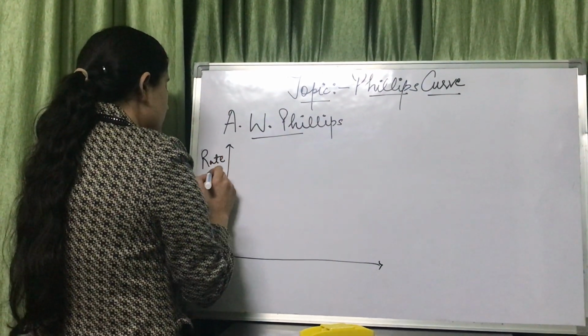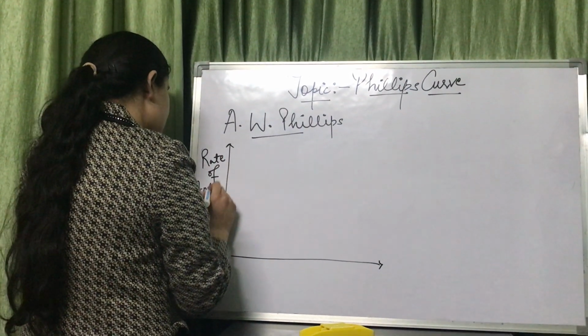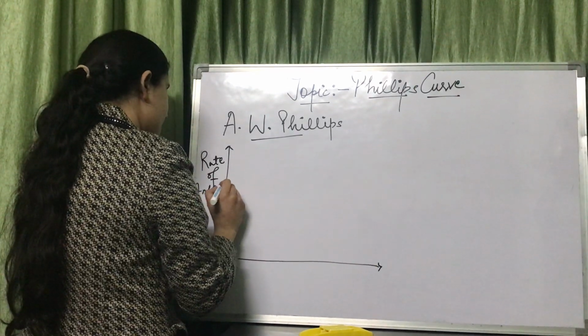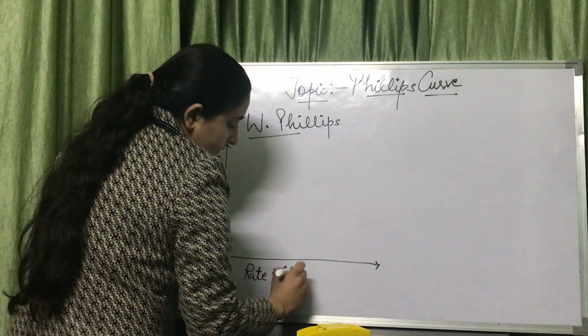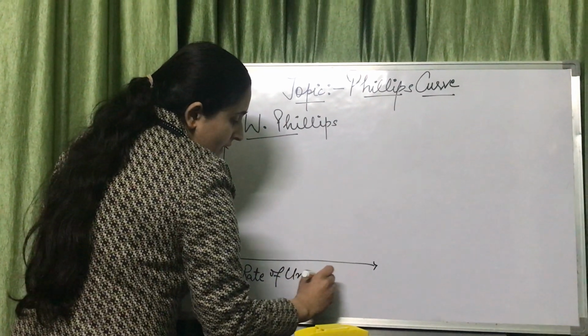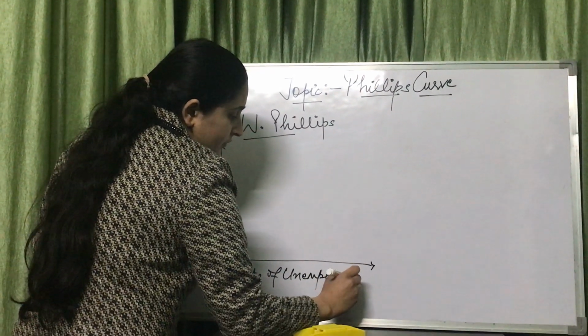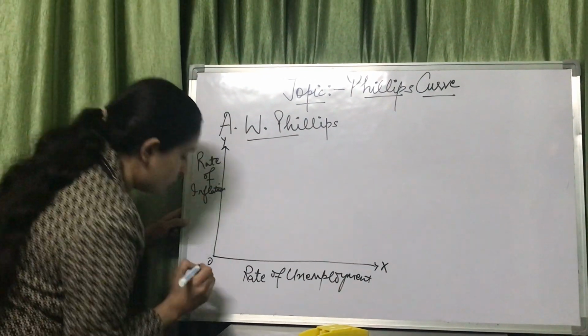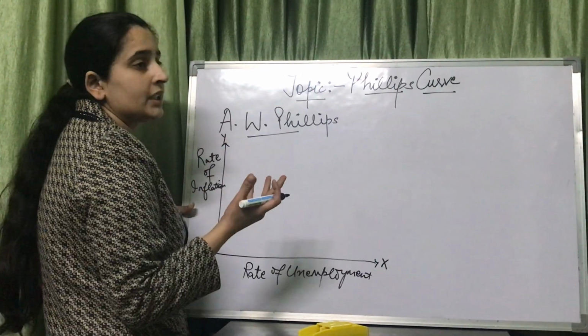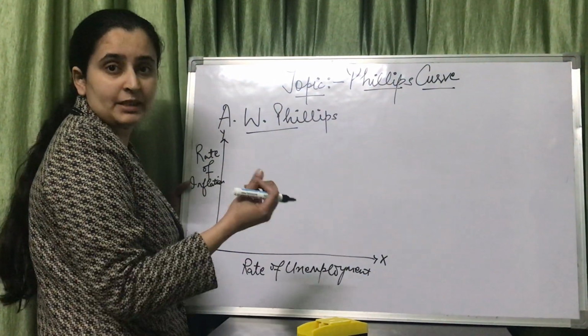Let's take the rate of inflation on the y-axis and the rate of unemployment on the x-axis. Here it is x, it is y, and 0. He found that there existed a stable Phillips curve.